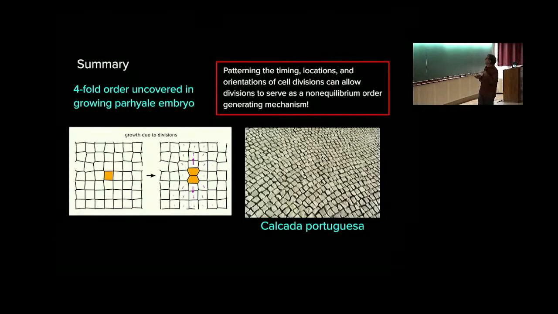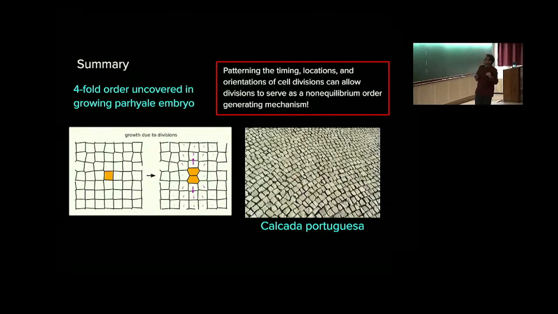So the summary from this part is that fourfold order is uncovered in this growing Parhyale embryo, patterning the timing, locations, and orientations of cell divisions. As they divide, they reorient and establish this quasi-long-range orientational order, which serves as a non-equilibrium order-generating mechanism.